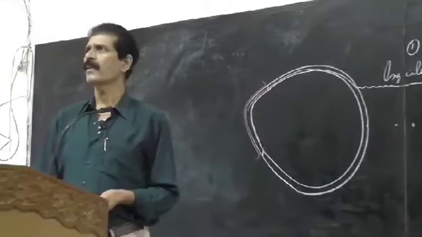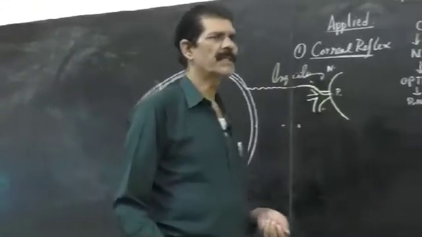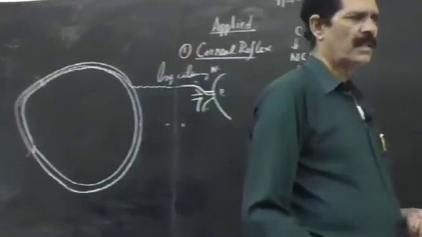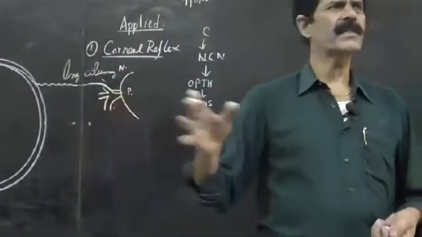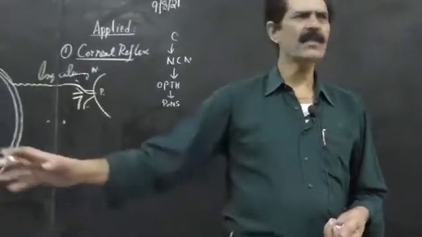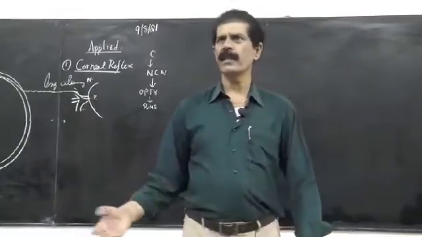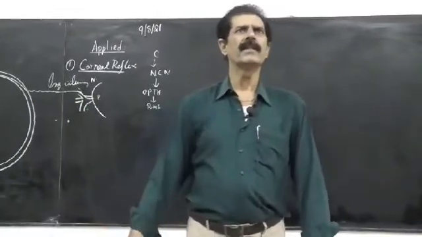And this cornea is very sensitive and it is used for diagnosis of the status of the patient. For example, if an unconscious patient came to the casualty, the doctor who is attending the patient does not know the reason of the unconsciousness, maybe diabetic or head injury or roadside accident.